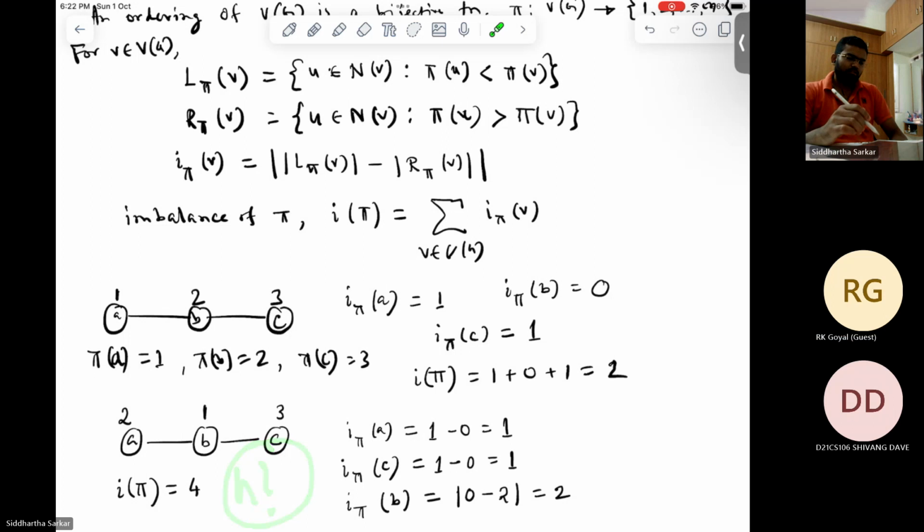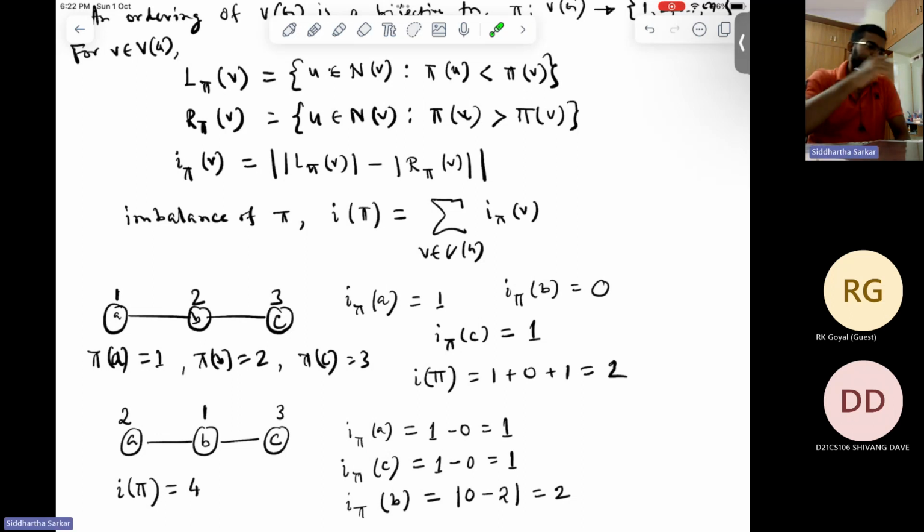You have n numbers to be assigned to these n vertices. For the first vertex you have n choices, for the next n minus 1 remaining choices, and so on. The total number of choices is n factorial, which is already a very large, exponential number.